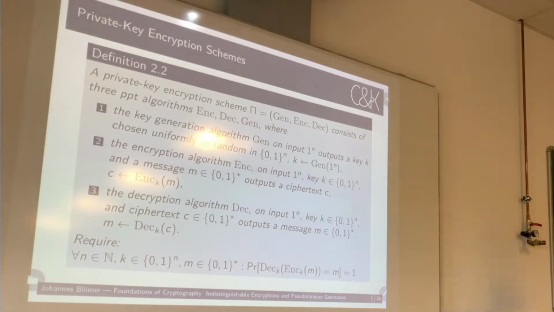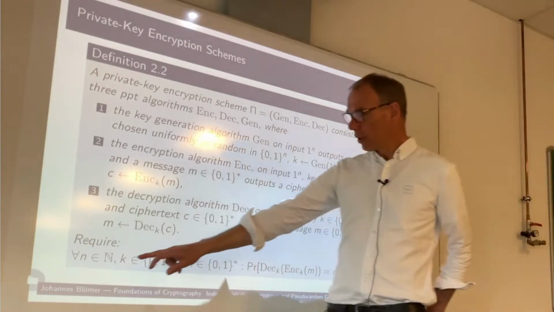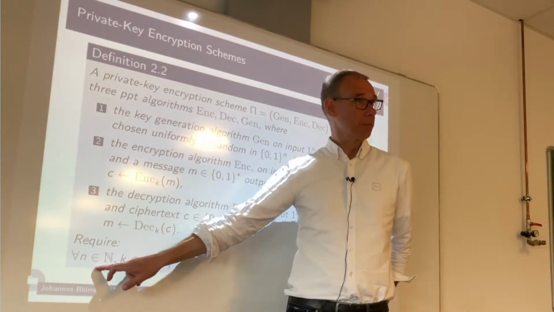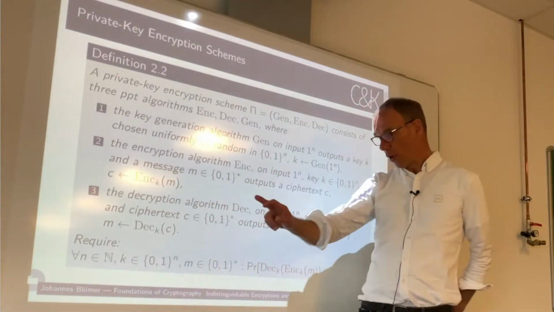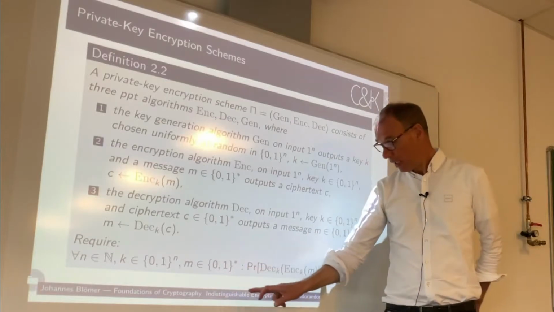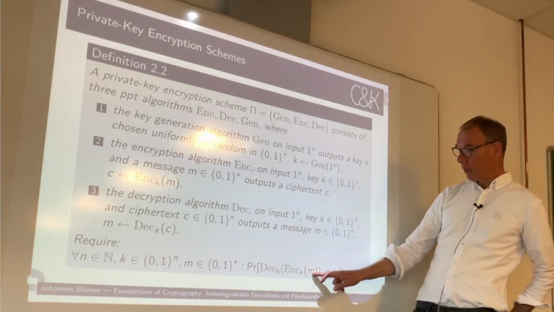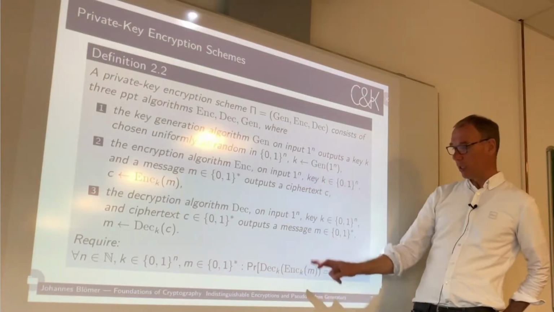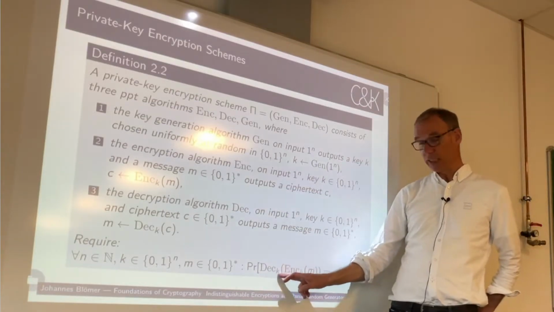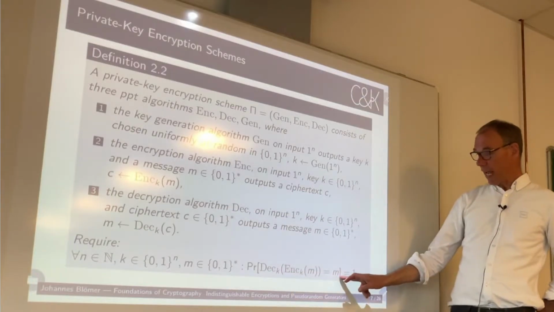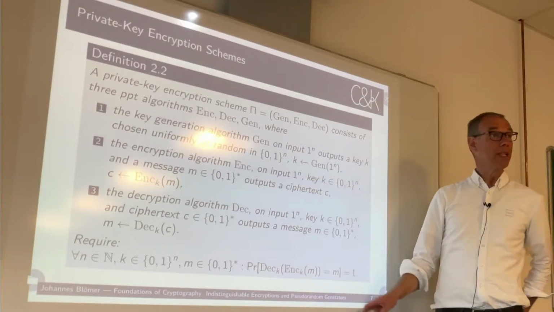And our correctness requirement, which has nothing to do with security, is that for all security parameters n, for all possible keys, for all possible messages, if we first encrypt the message with the key using our encryption algorithm and then decrypt the resulting ciphertext using the same key, then we get m back with probability 1.